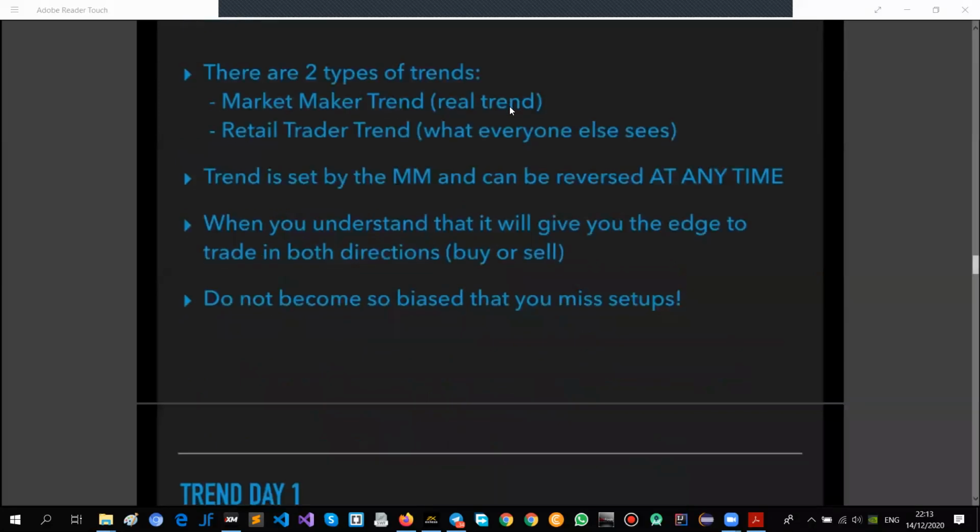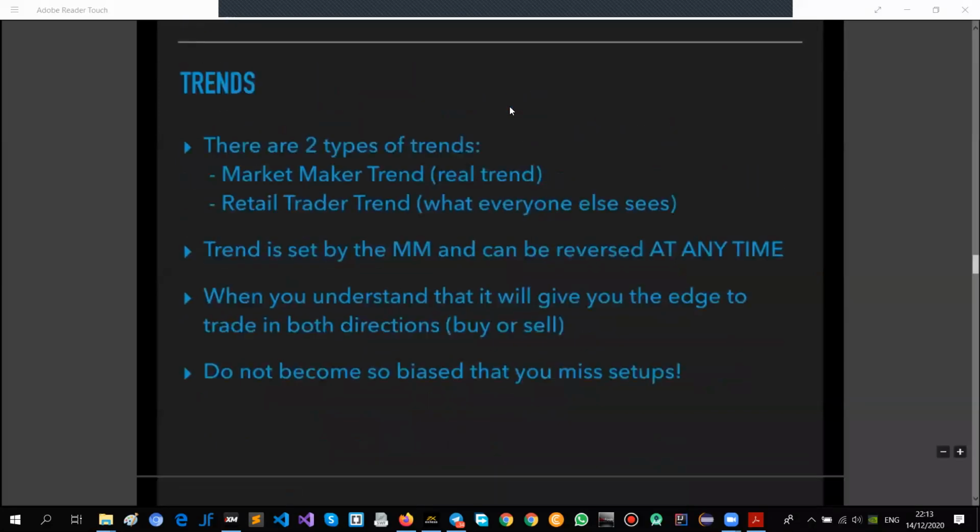So this is an advantage to traders like us who trade using the DTMM. It means we can trade both ways, both buy and sell, not on the same particular trade, but we can go in for a buy on a certain pair during the day, then later during the day we can go in for a sell.